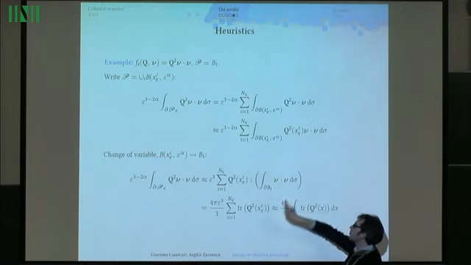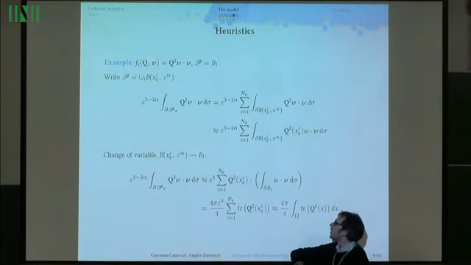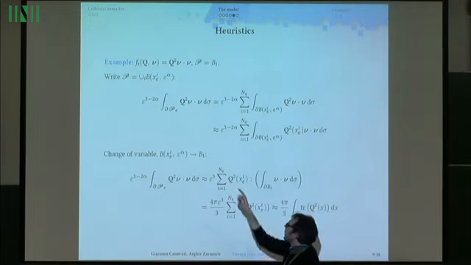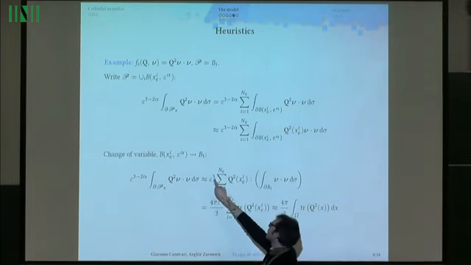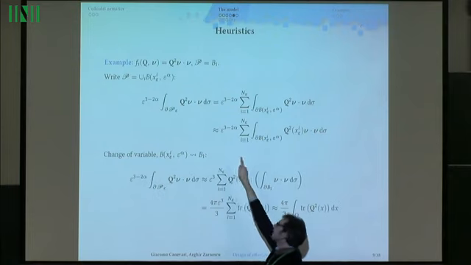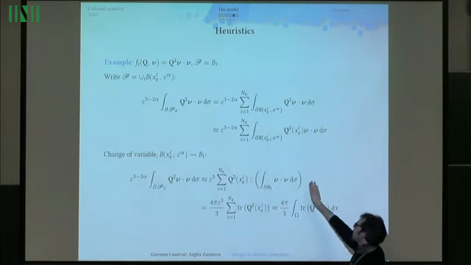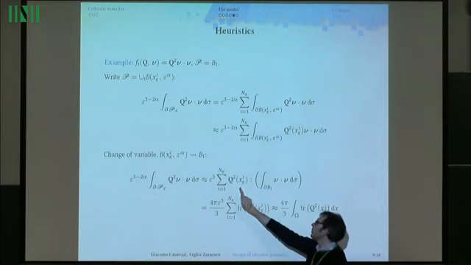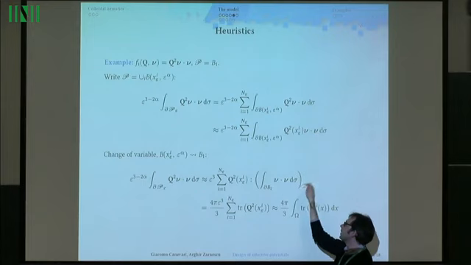I can make a change of variables so as to reduce to a unit ball. By doing the change of variable, there's a Jacobian factor, and so I will kill this epsilon to the minus 2 alpha. And now I'm left with a sum of Q squared at the center contracted with an integral.